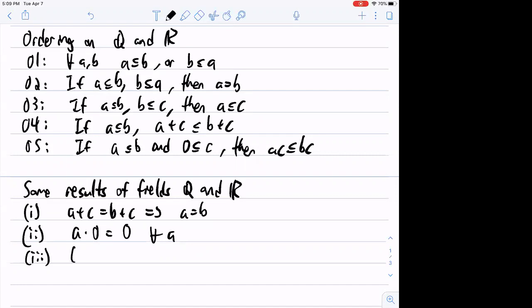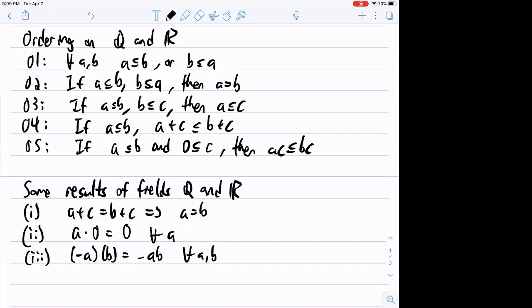This one is pretty important for people who want to study algebra. There is no minus operation, right? When I write minus A, this is just a symbol for the number such that when you add A to it, you get 0.